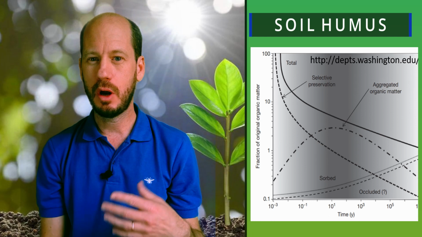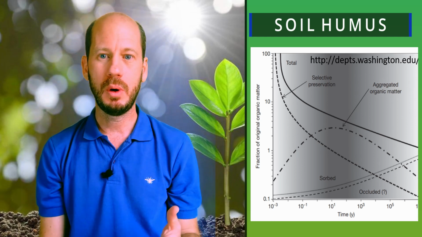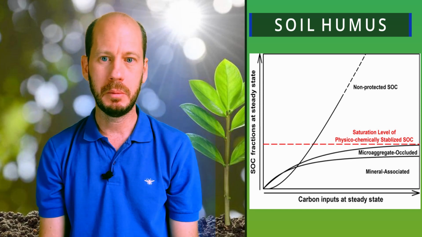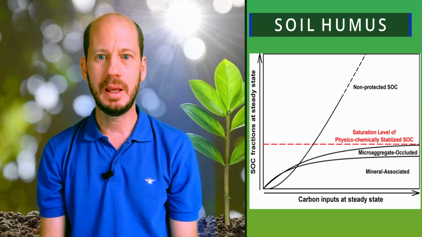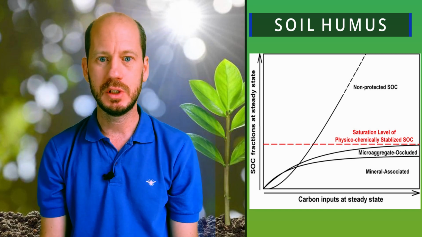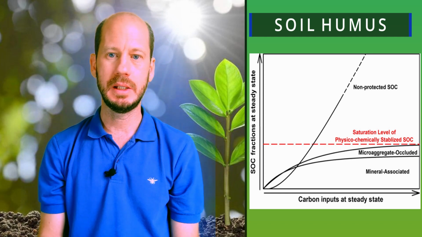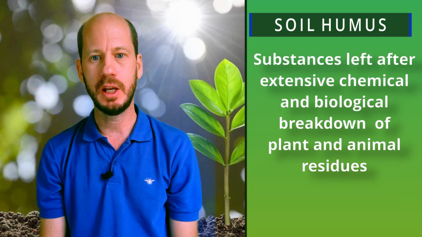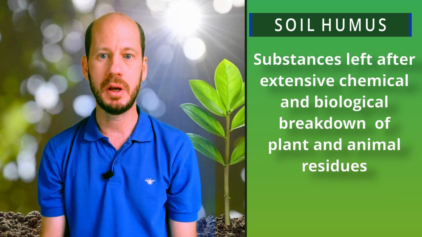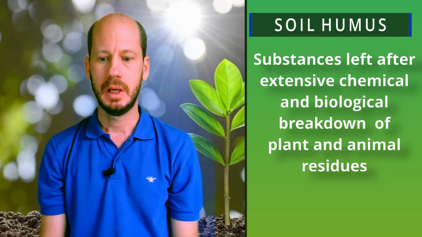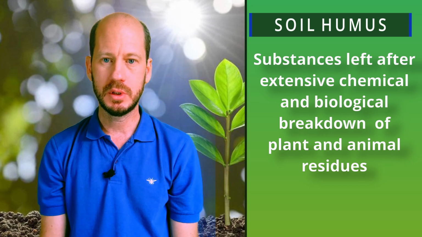So there's a limit to how much organic matter you can accumulate in the soil, and that limit is related to how much you can stabilize that organic matter through this clay and soil organic matter association. So humus is the fraction of the organic matter which is left after the microbes have used all the easy carbon compounds. So why do we want that humus in the soil?